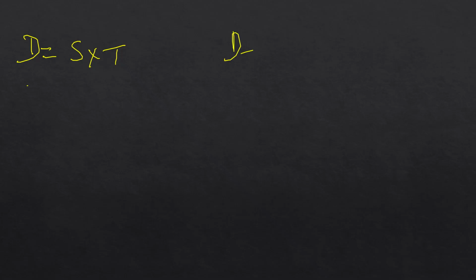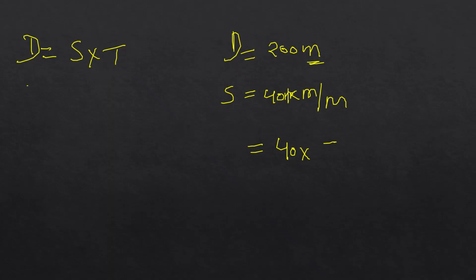And here distance is 200 meter. Because this is in meter, we will convert speed, which is 40 kilometer per hour, to meter per second. For this, we multiply by 5 by 18. So it will become 100 divided by 9 meter per second.